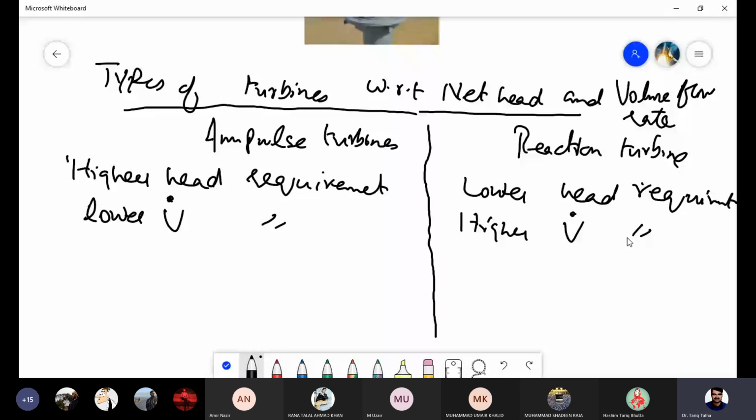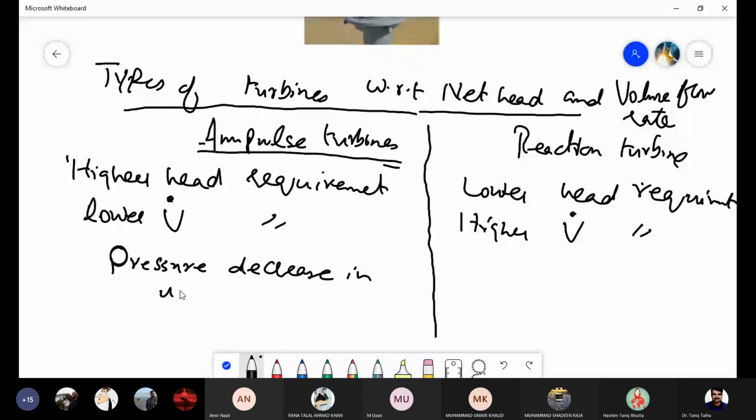Usually we say that there is no pressure decrease in the runner, or we can say rotor, right?